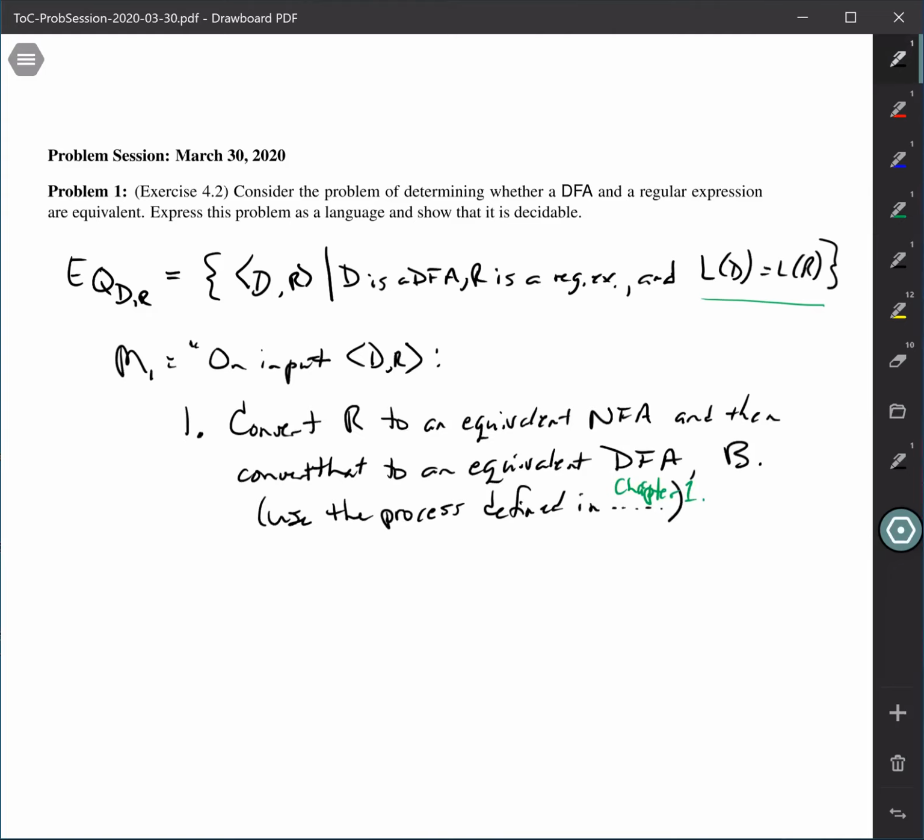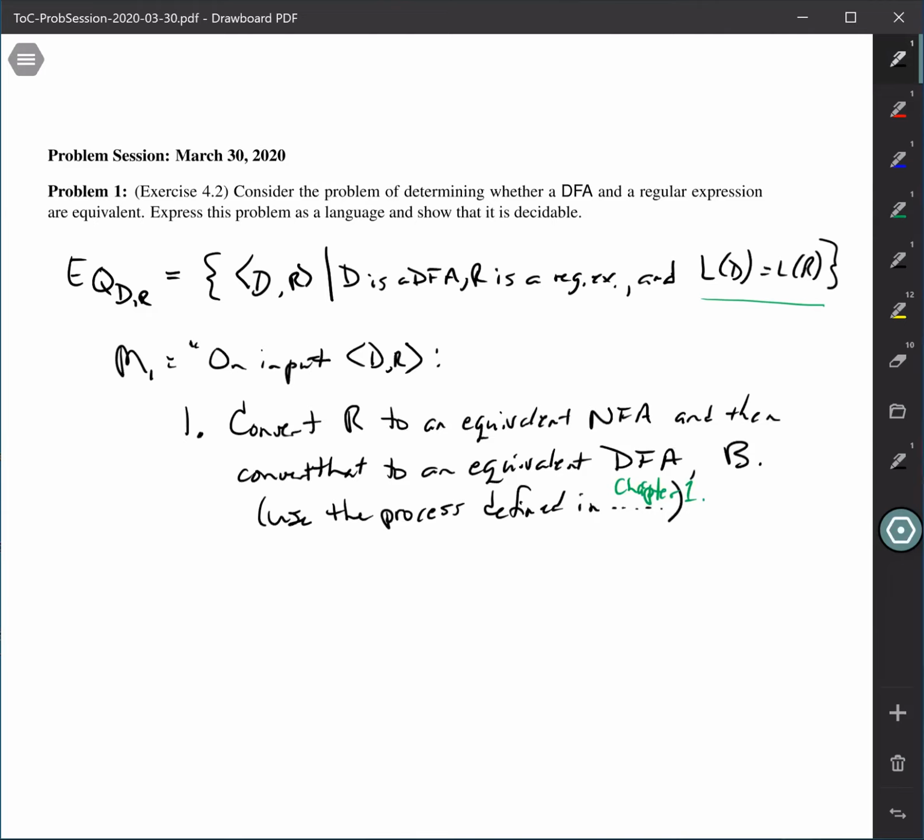But the point is that if you have the time to document things fully, cite something specific. Stephen says that the conversion to an NFA is theorem 1.54. So you could cite that, and then the NFA to DFA conversion as well. But we're going to leave it like this for here, just knowing that we could go back and fill in that detail if we needed it, right? Okay.